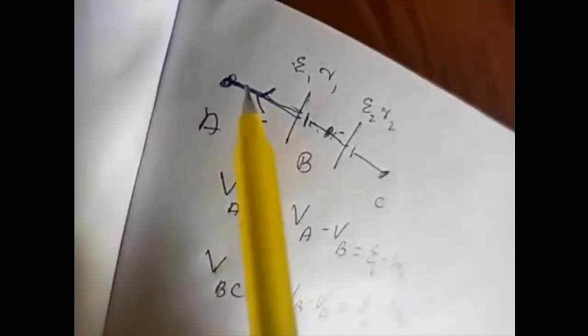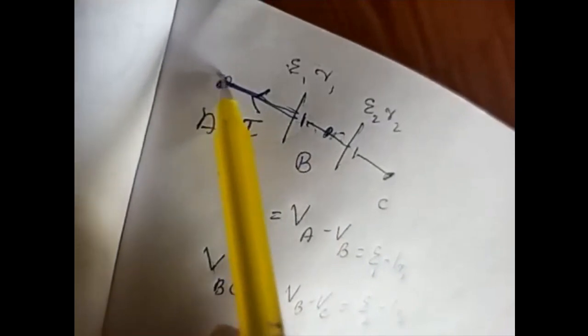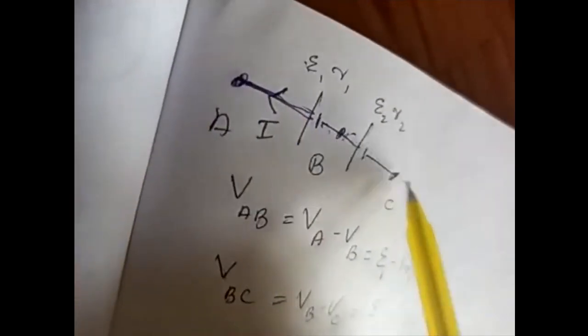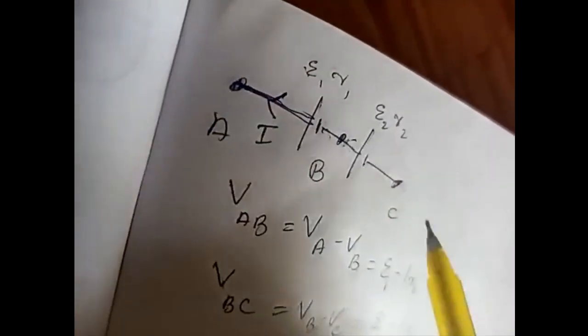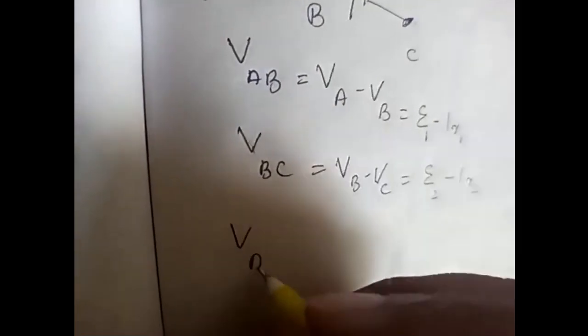Now what is the potential difference between the ends A and C, this entire length of conductor? V_AC will be equal to V_AB plus V_BC by the superposition principle.